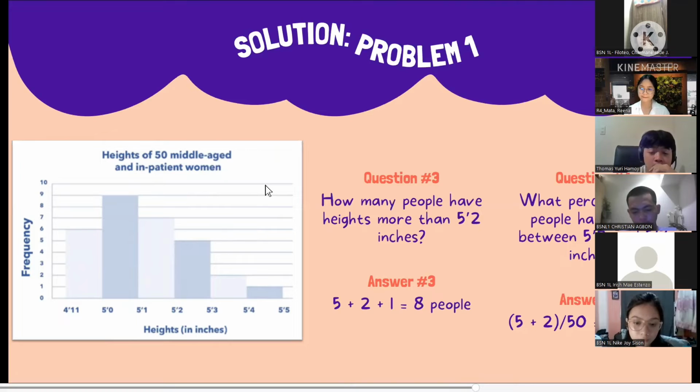So we add those and come up with the answer. In question number 4, the proportion of people with heights between 5'2" and 5'3" is 0.14, and it will be multiplied by 100, so the percentage is 14%.